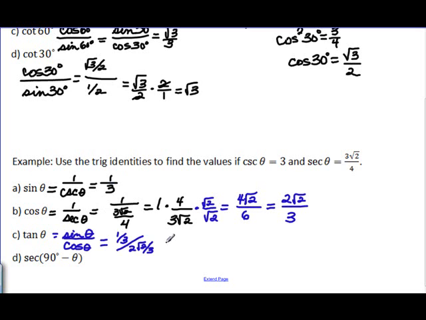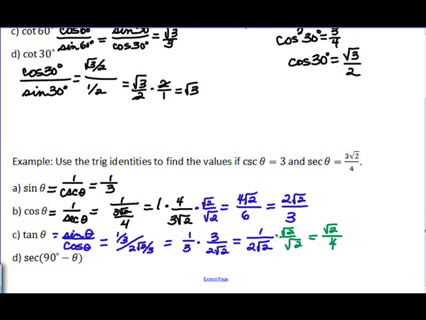So when we multiply by the reciprocal, we really get 1/3 times 3 over 2 on the square root of 2. But those 3's divide out to get 1 over 2 on the square root of 2. And so we can multiply by the square root of 2 over the square root of 2. So this would become the square root of 2 over 2 times 2, which is 4.